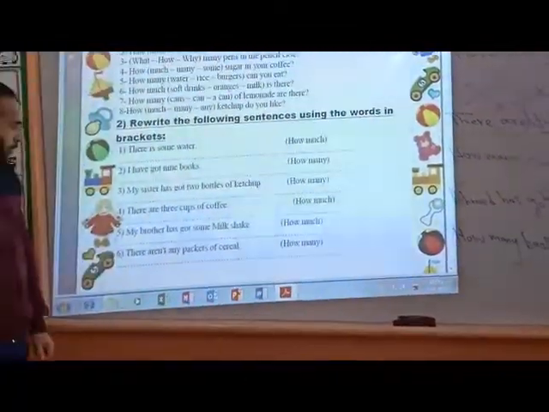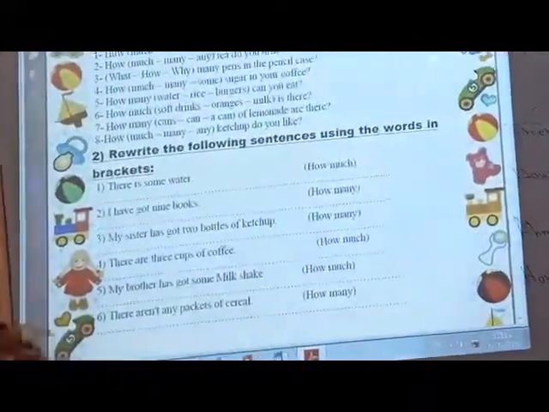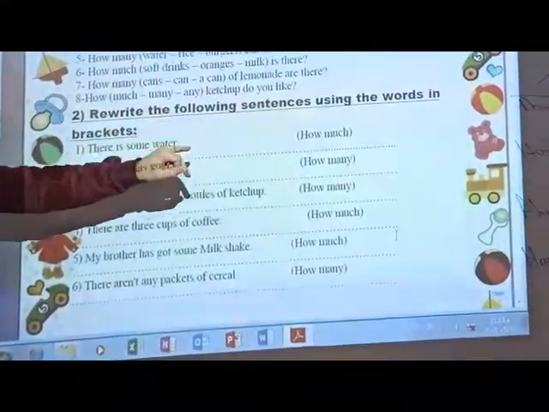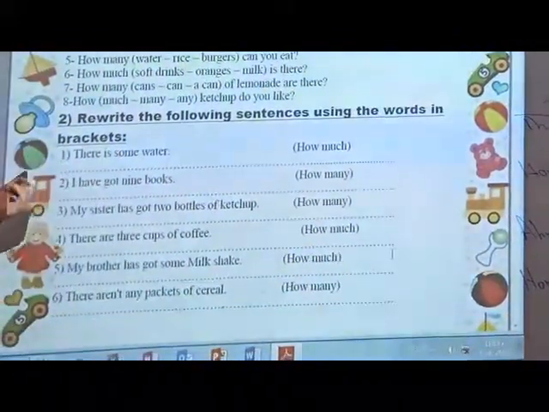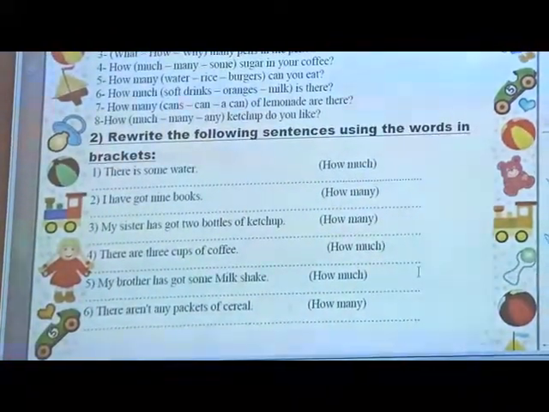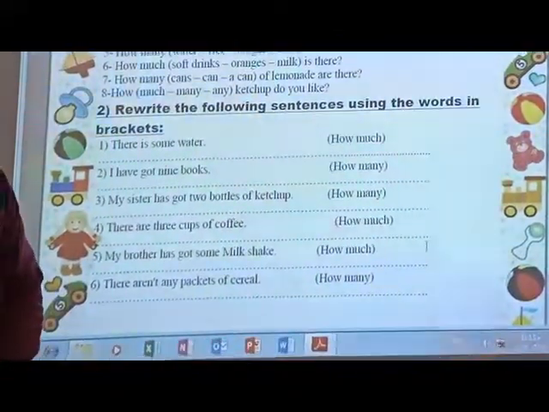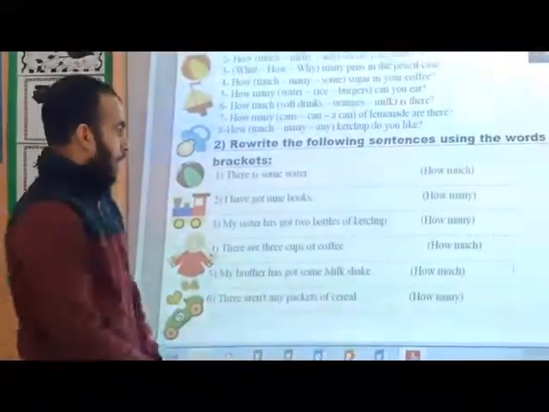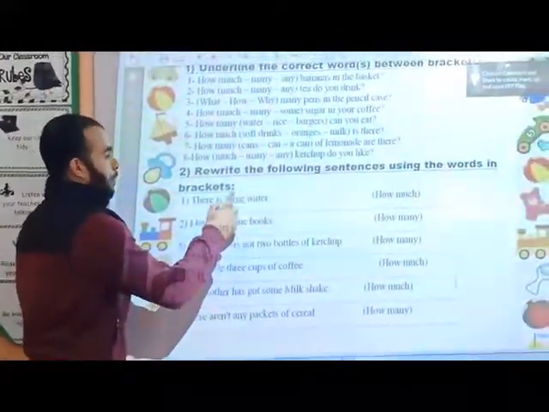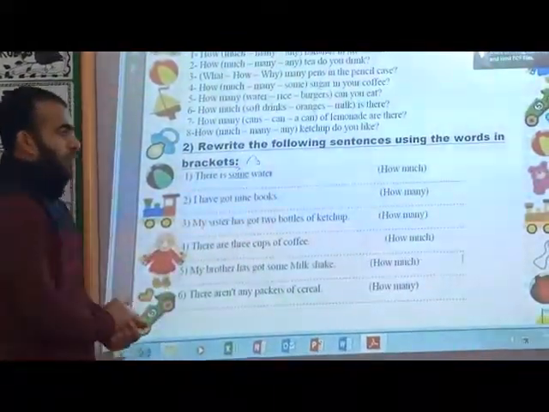Now let's move to the rewrite questions that we have on page number 20 in the full class sheet. Rewrite the following sentences using the words in brackets. Number 1, there is some water. Use how much. How much is used to ask about the quantity of something. The quantity here is some, and the uncountable noun is water.